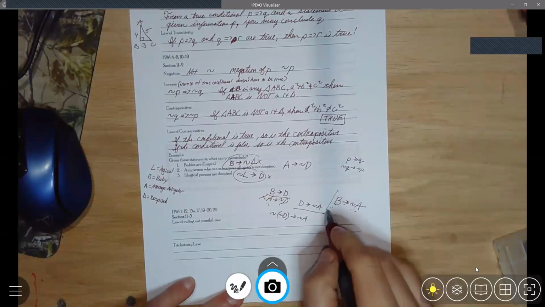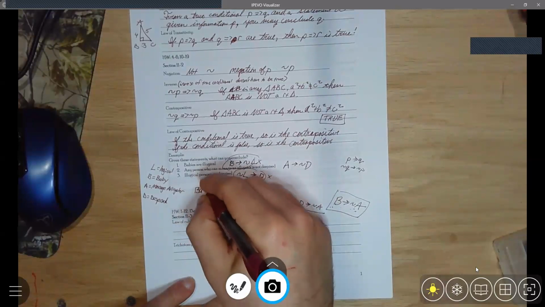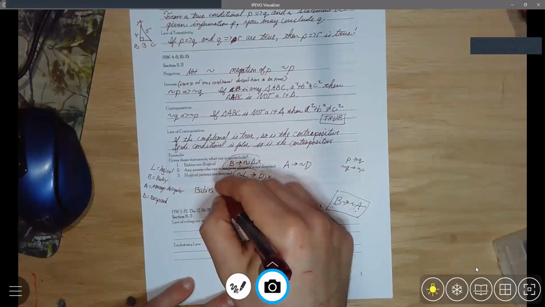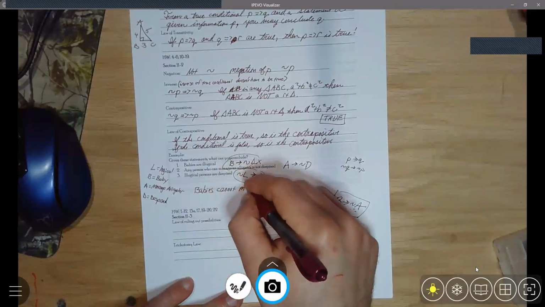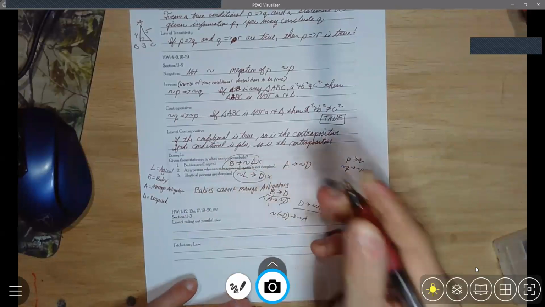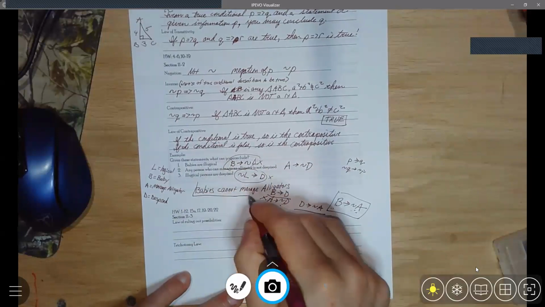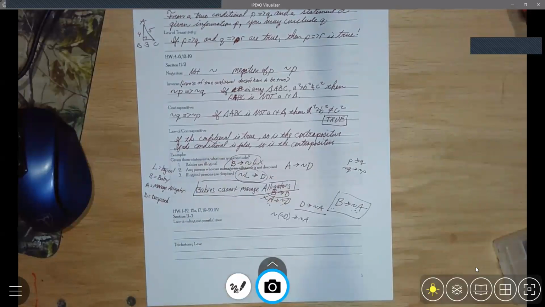So that's your answer. You'd write that as a statement: babies cannot manage alligators. Now that might sound very apparent, but it's just a demonstration of an interesting kind of logic puzzle. We'll be looking at those more.